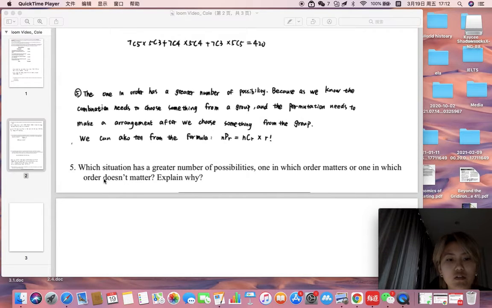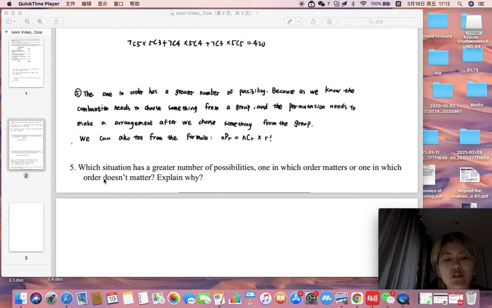We can also tell from the formula nPr is equal to nCr multiplied by r factorial.